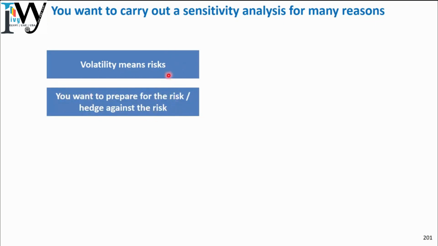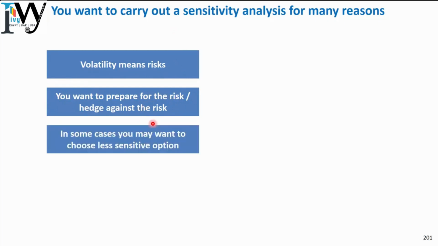Once you know how sensitive the result is, you can prepare for it and hedge against it. In some cases, you may want to choose a less sensitive option. The option you have chosen might be optimal but very sensitive, and therefore it might be better to go for something that is not that sensitive, maybe not optimal and a little bit worse, but more durable and more predictable.